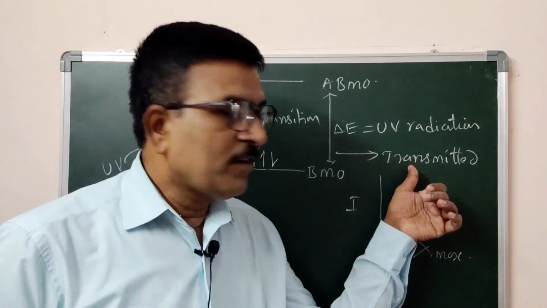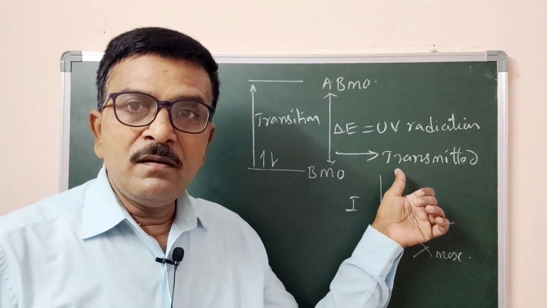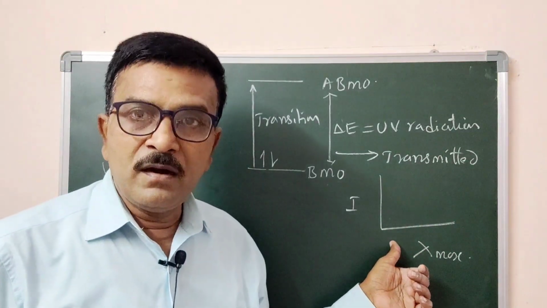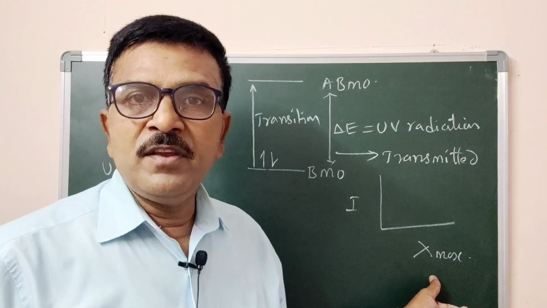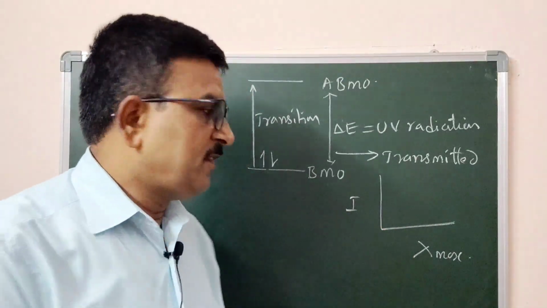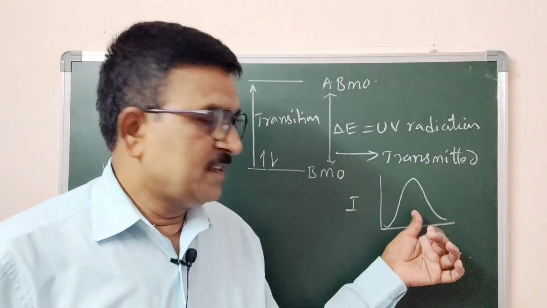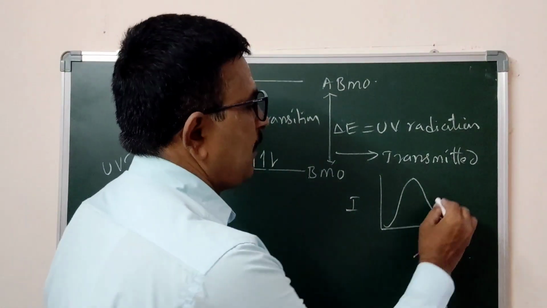So the frequency of absorption is measured from the transmitted radiation and presented in the form of a graph as a function of frequency of absorption versus intensity of absorption. We will get bands like this. This is called a spectrum.